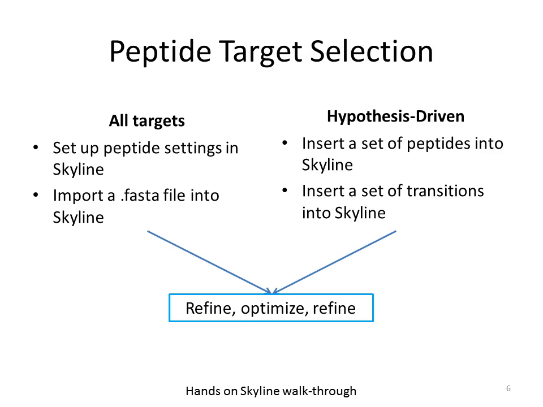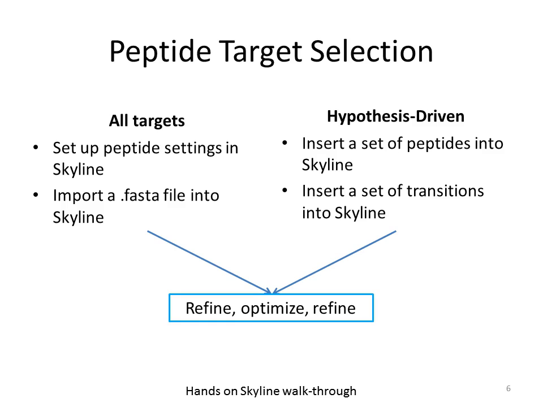So how do you pick your peptide targets? We have empirical data now in your spectral library showing which peptides have been detected by a mass spectrometer. Now, if someone came to you with a list of peptides and said, these are the ones I want you to detect, you could put them in Skyline and see if they're in your spectral library database, and that would be great.